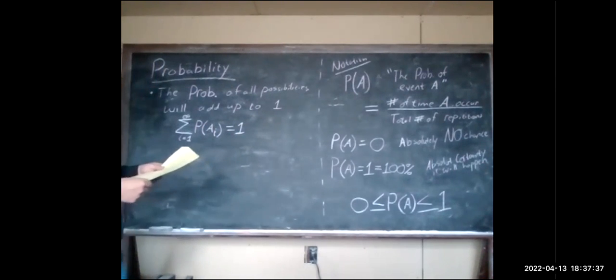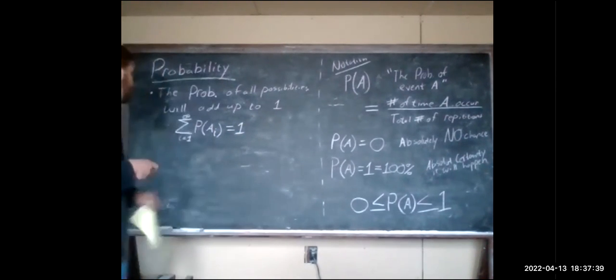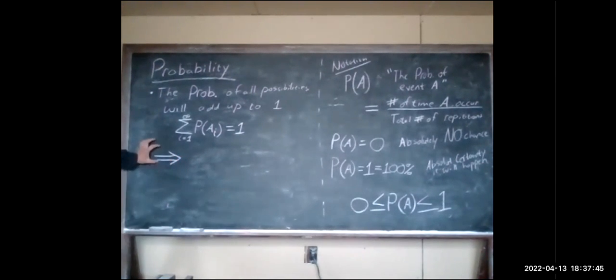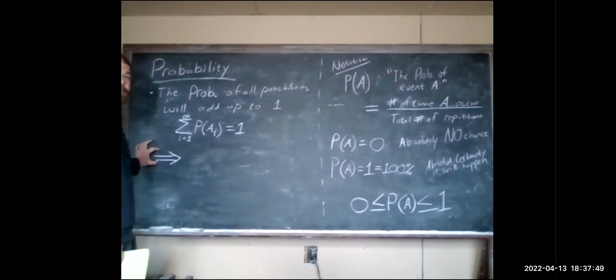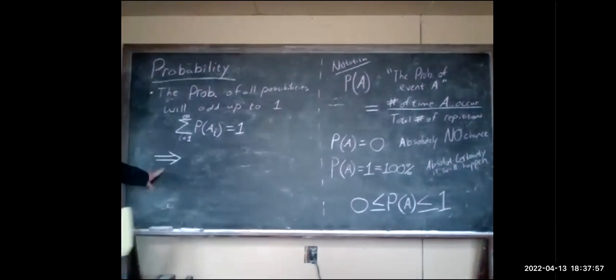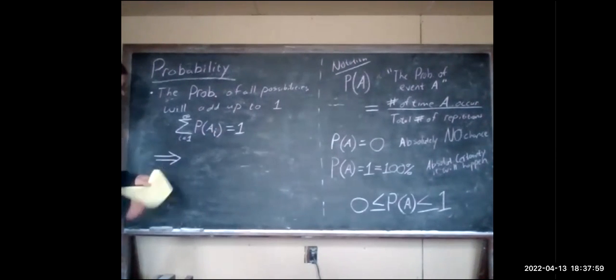Which this immediately implies something else. So jumping into some math notation, if you haven't seen this before, the arrow with double lines means implies. Whenever we have one thing in math that leads immediately into something else, that's the symbol to notate that.